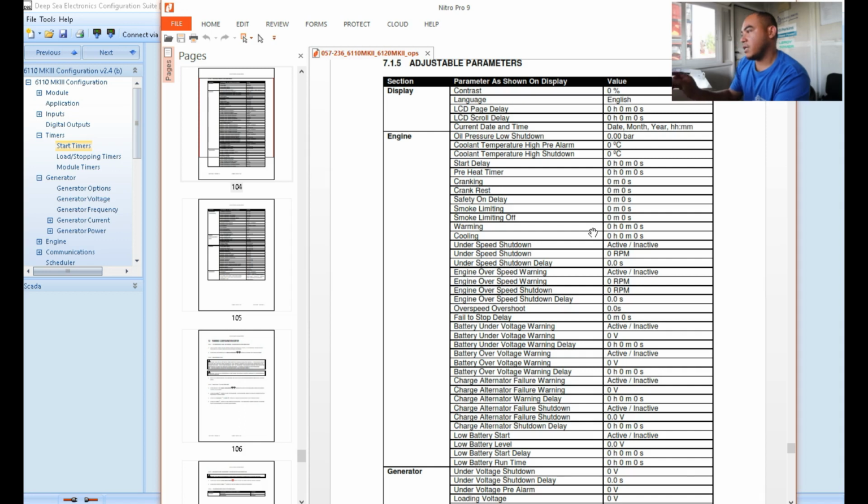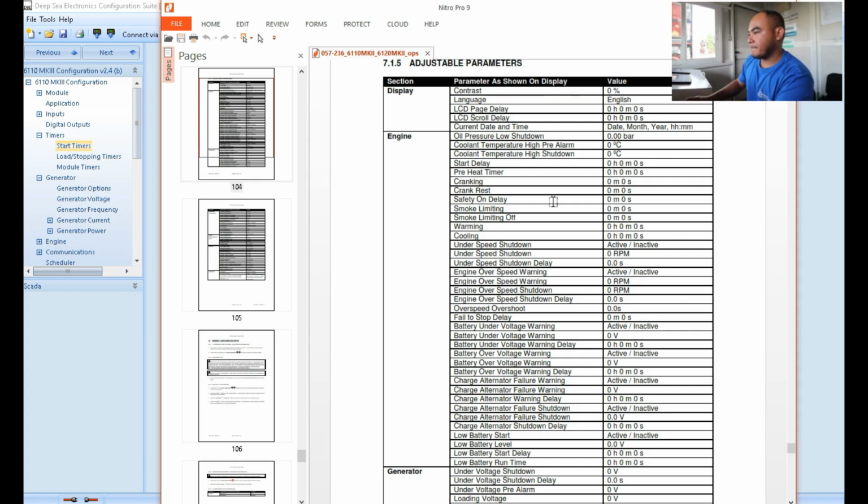Whatever is written here pops up on your module, so you can easily identify what the problem is. For example, oil pressure shutdown is the alarm that pops up exactly on your module, so with these latest versions of the module it is not difficult for you to misidentify the problem.